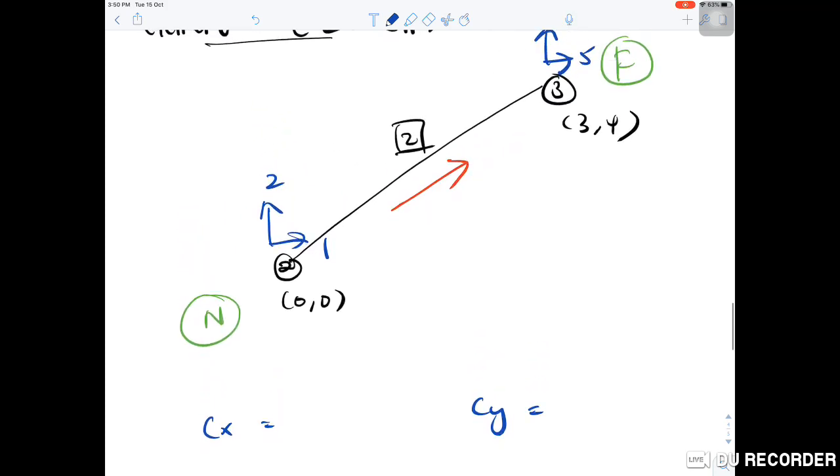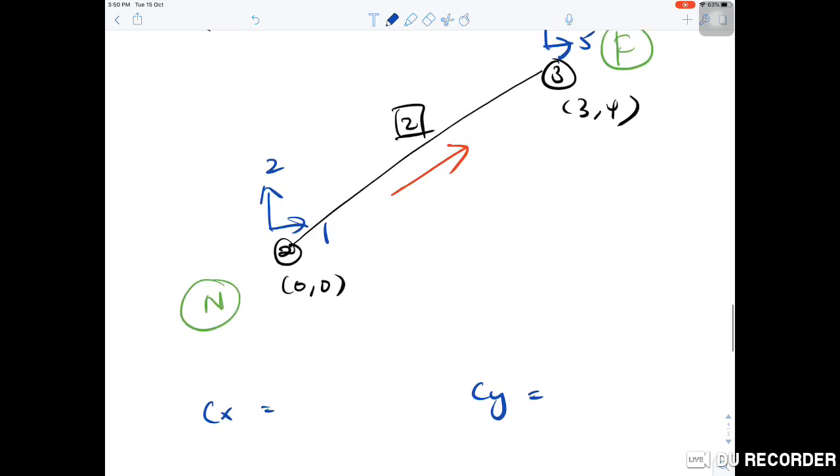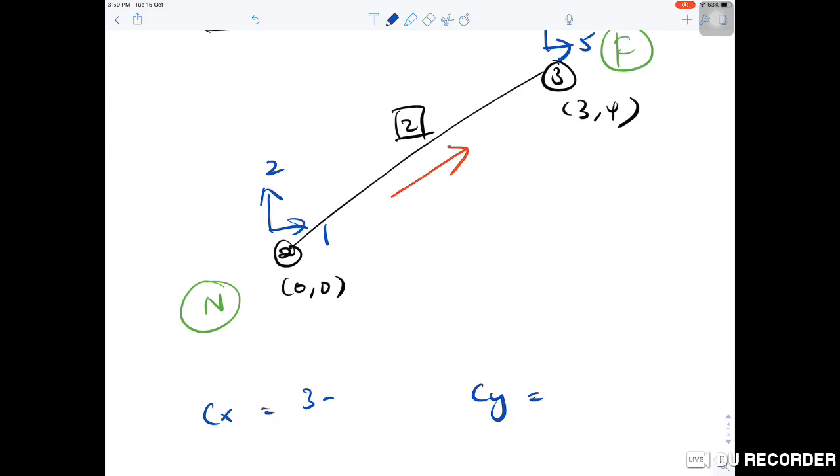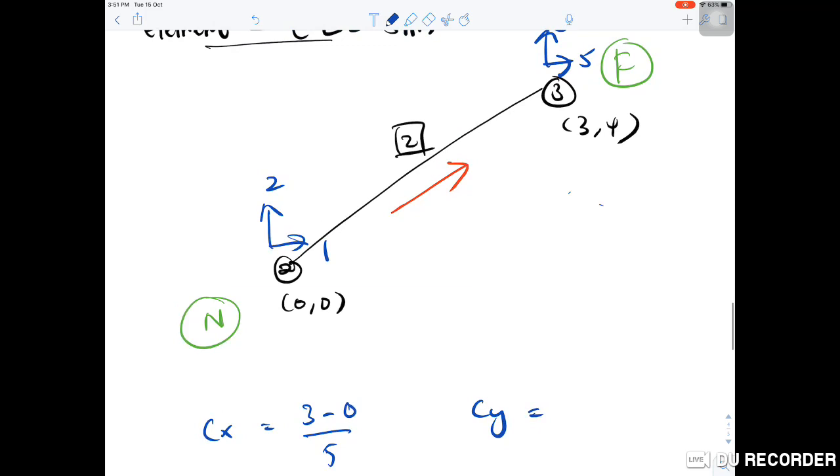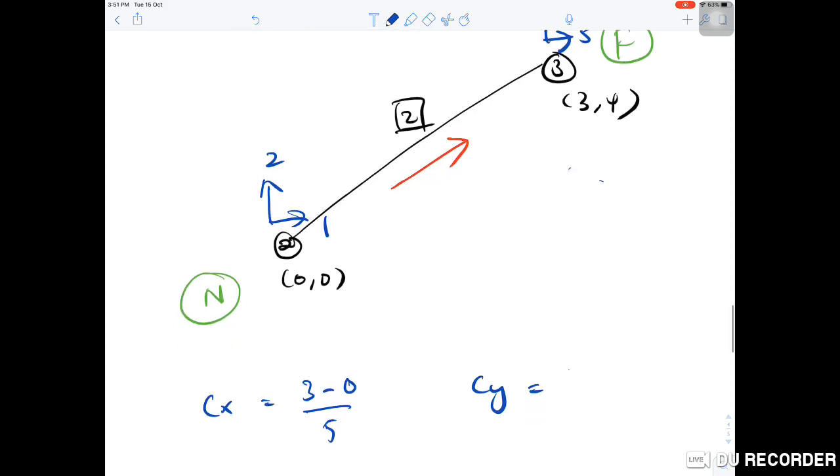For cx, for x is 3, minus near x is 0, divided by 5. And for cy, for y is 4 minus near y is 0, divided by 5.